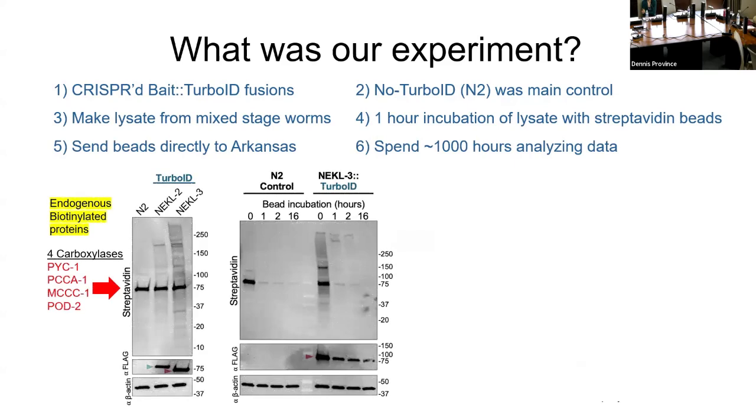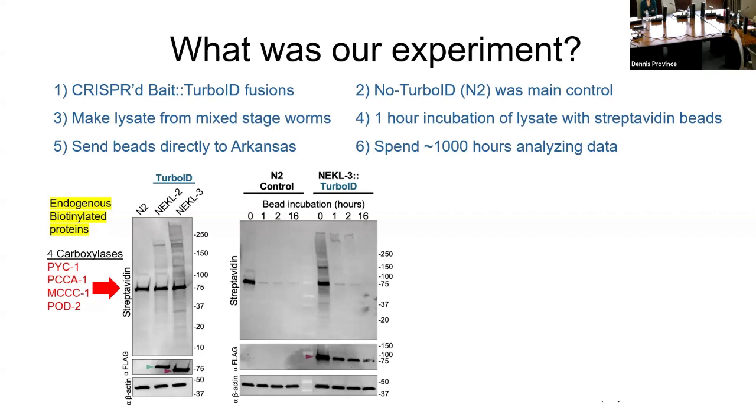So this is actually one of our better gels for what we get when we use streptavidin, essentially like an antibody for a Western blot. And what we're looking at is wild type no turbo, NECL2 turbo, and NECL3 turbo. So one thing you'll notice is right away there's this big band here, and maybe it's a little hard, but there's some other bands in there too.